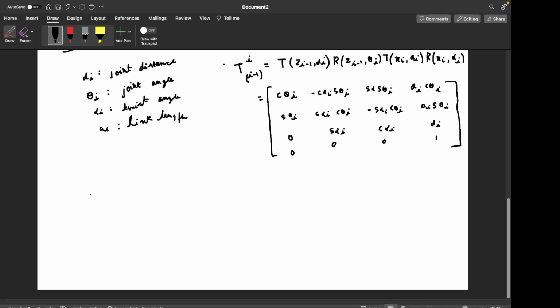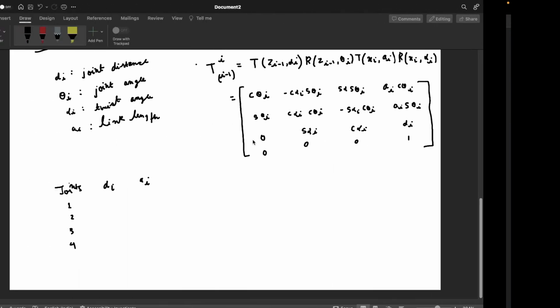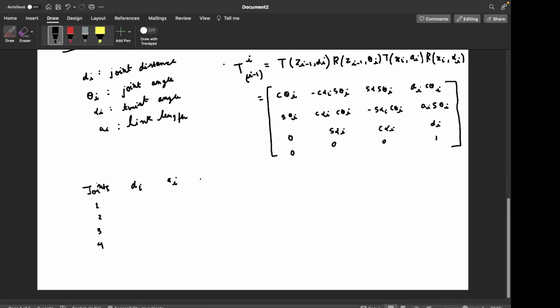We have the joints 1, 2, 3 and 4, and we have the di's, the ai's, the alpha i's and the theta i's.